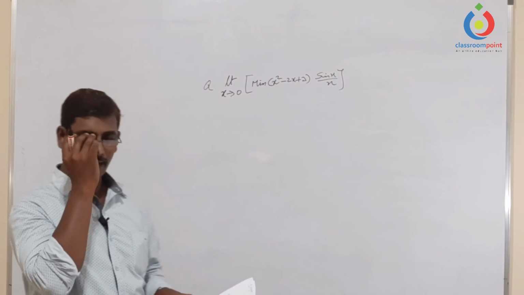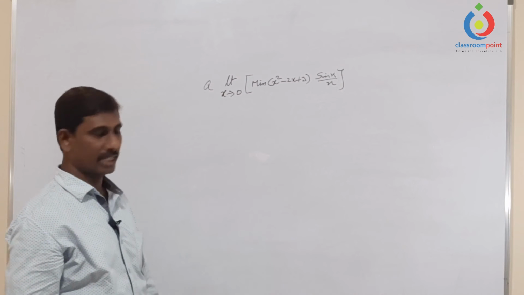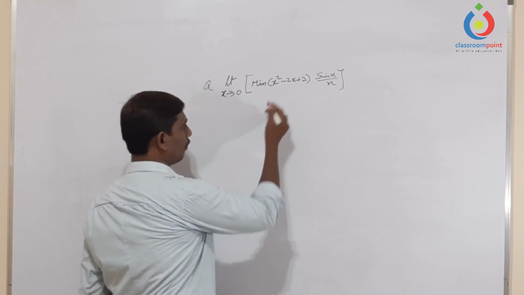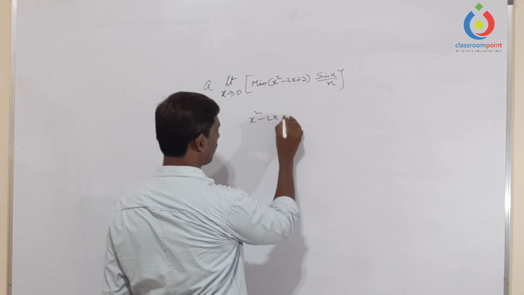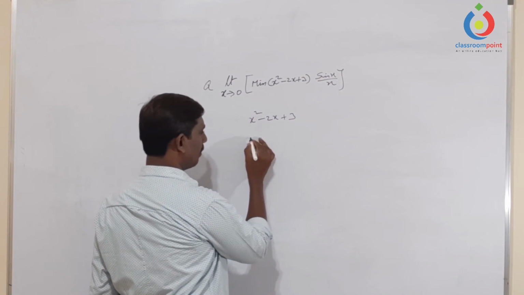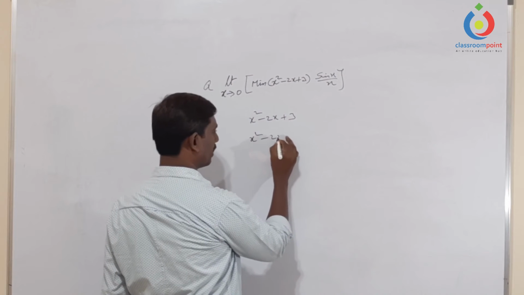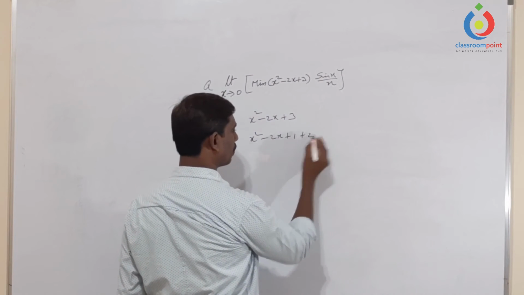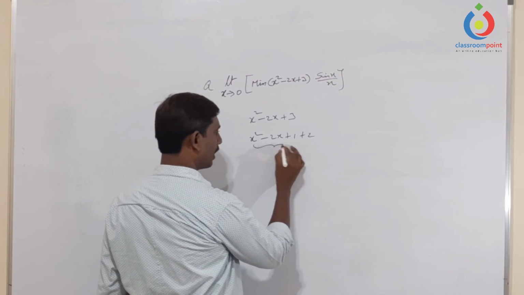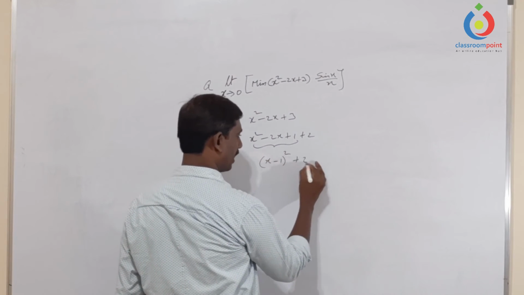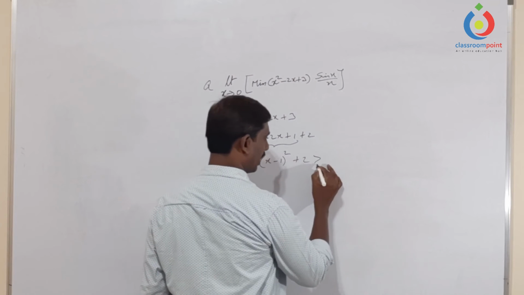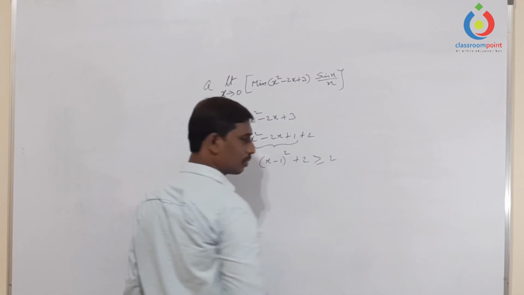First you find the minimum value of the quadratic. How to find it, sir? Write x square minus 2x plus 3 as x square minus 2x plus 1 plus 2, which is x minus 1 whole square plus 2. So automatically it is greater than or equal to 2.